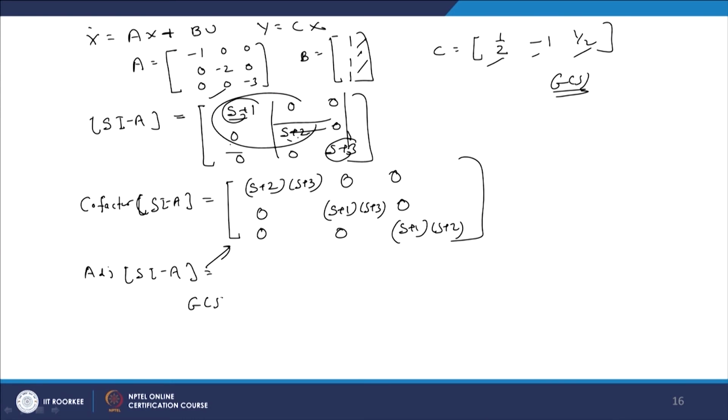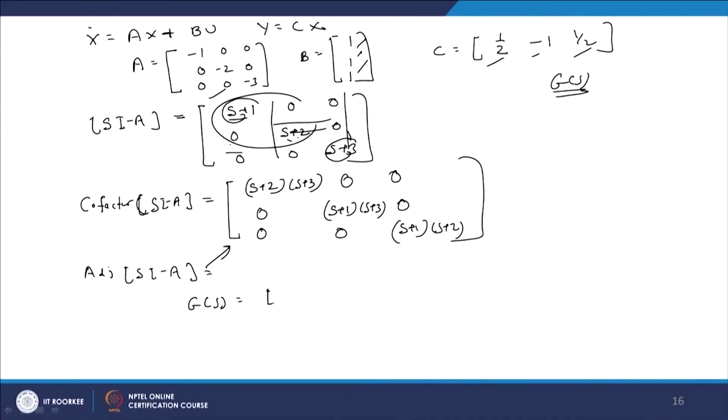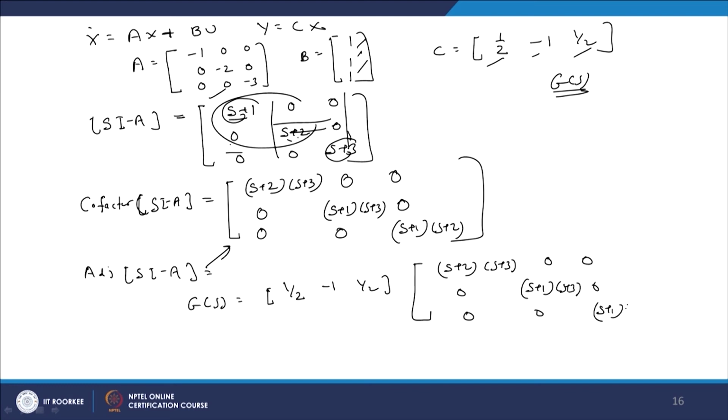Now the next step is to determine G(S). How to determine G(S)? For getting G(S), we have to multiply C by the inverse. So G(S) equals C, where C is 1 by 2, minus 1, 1 by 2, then the adjoint matrix with rows S plus 2, S plus 3, 0, 0; 0, S plus 1, S plus 3, 0; 0, 0, S plus 1, S plus 2.